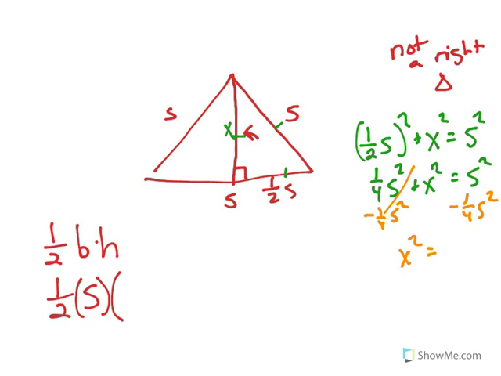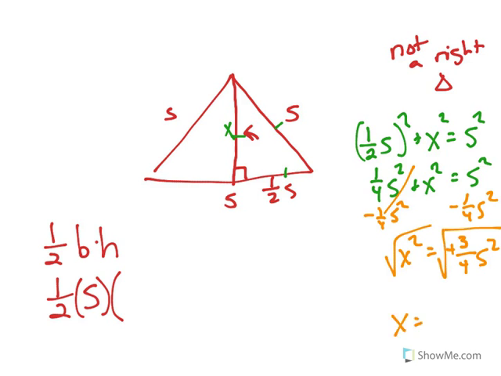X squared equals positive 3/4 S squared. Square root both sides.